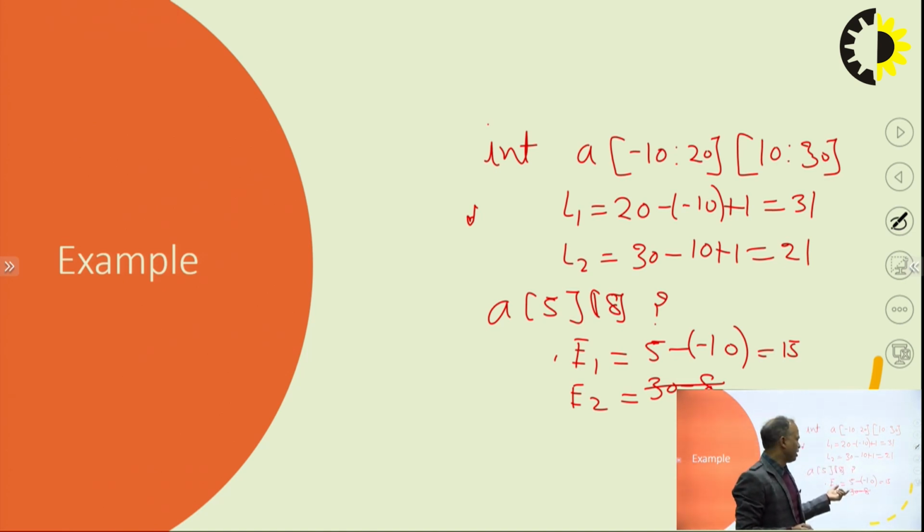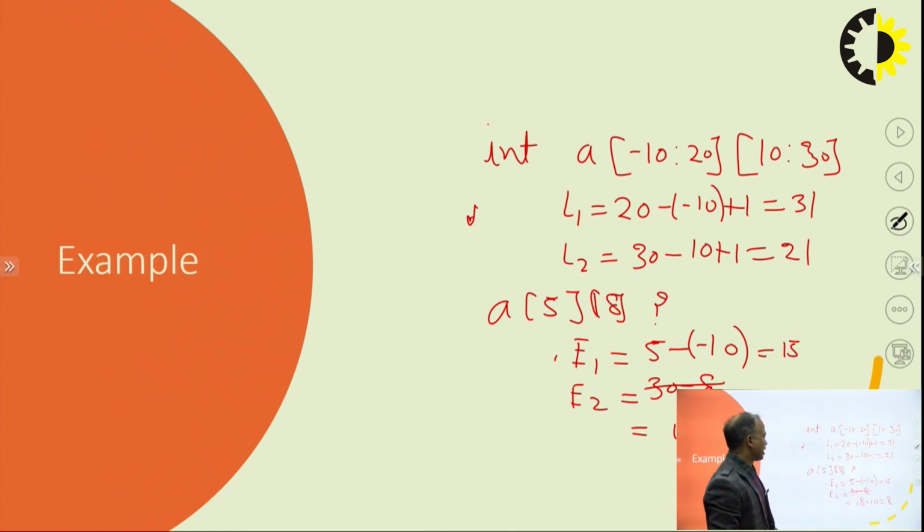So if you want to find out the address of 18, then the starting point is 10 and the required column is 18. Therefore E2 will be: the starting point is 10, this one is 18, then 18 minus 10, it will be 8.